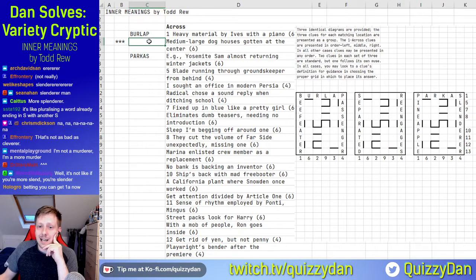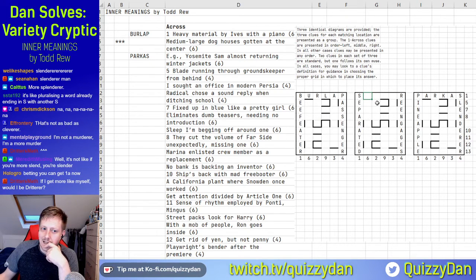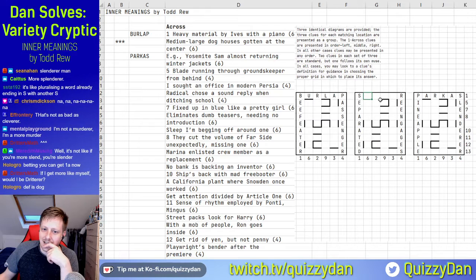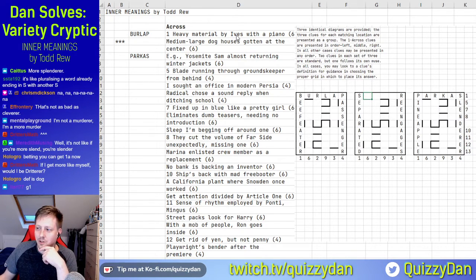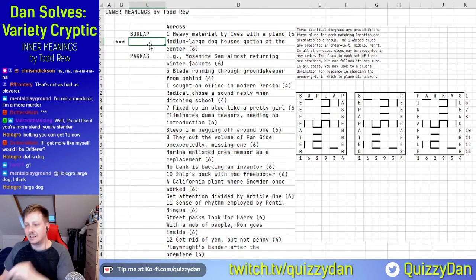Oh, okay, so it's seer, medium, large dog, houses gotten at the centre. So it's got to be a dog, yes? Springer, a beagle. Definition is dog. So medium, houses gotten. What's the second letter?